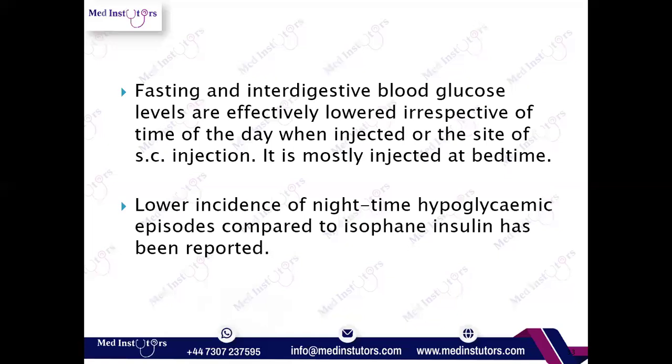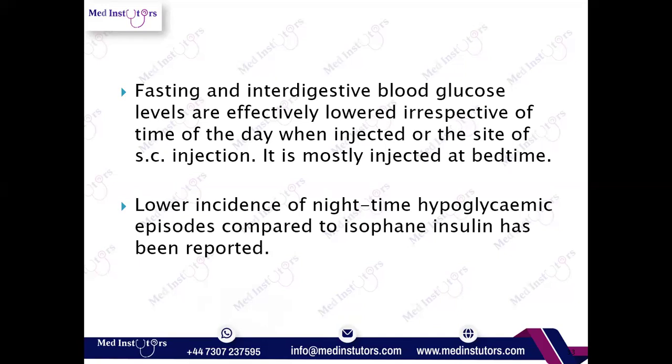So there is a lower incidence of nighttime hypos compared to the isophane or NPH insulin. See, usually before glargine, in the basal bolus regimen, the doctors used regular insulin or rapid acting insulin as the bolus, and as a basal insulin they used NPH or intermediate acting insulin.